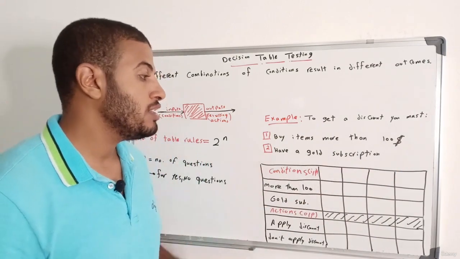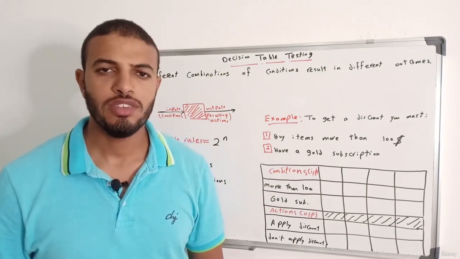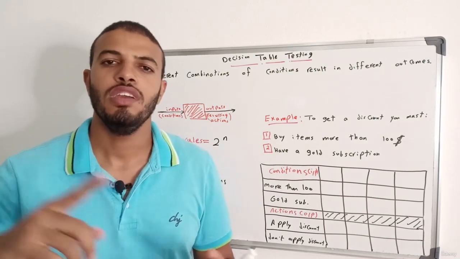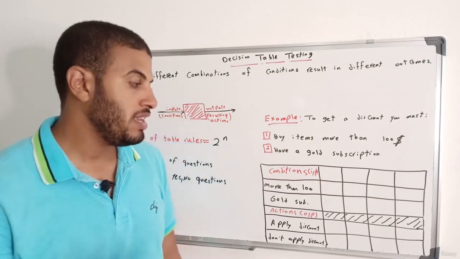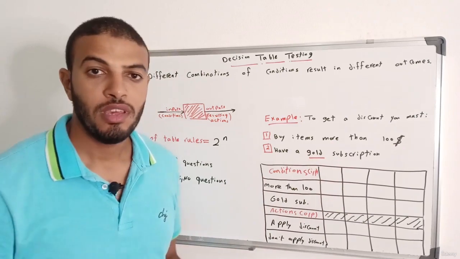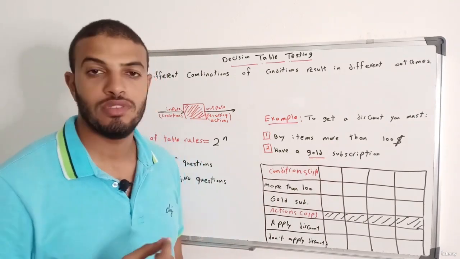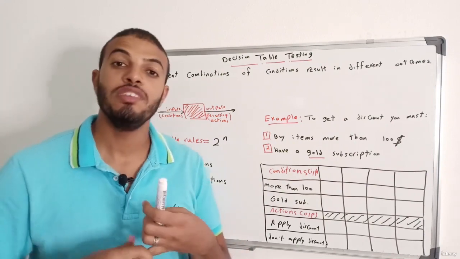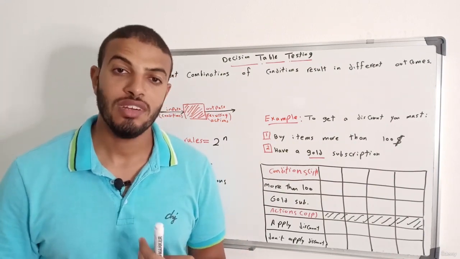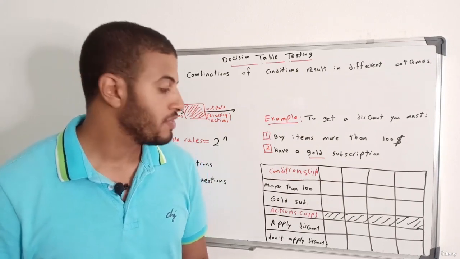The second condition, you must have a gold subscription. So for example, in this website, we have a silver subscription, we have a platinum subscription, anything, but we have also a gold subscription. So who is the person who will be eligible to have this discount? This person must buy items worth more than $100, and he also must have a gold subscription.